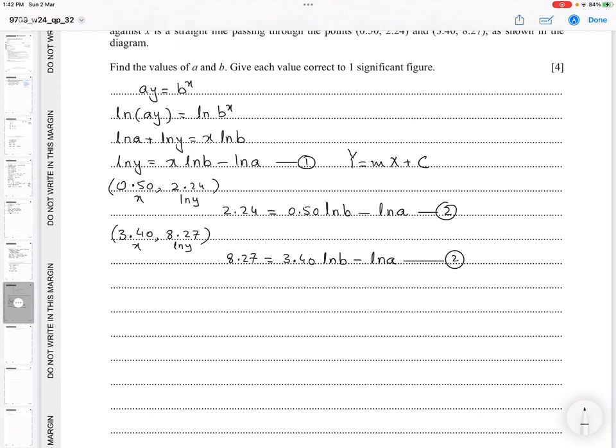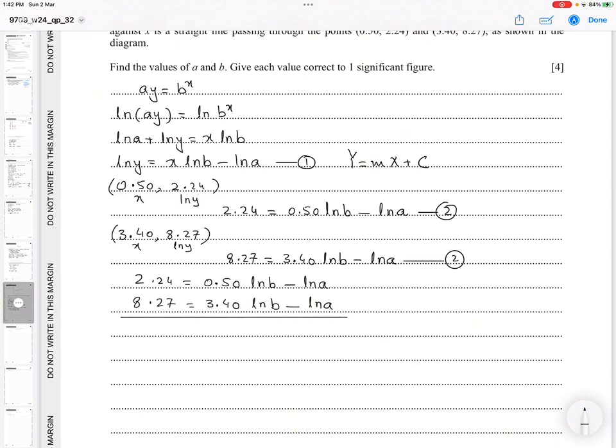Solve 1 and 2 simultaneously. Let me write it for you again: 2.24 equals 0.50 ln b minus ln a, this is the first, and 8.27 equals 3.40 ln b minus ln a, this is the second equation.